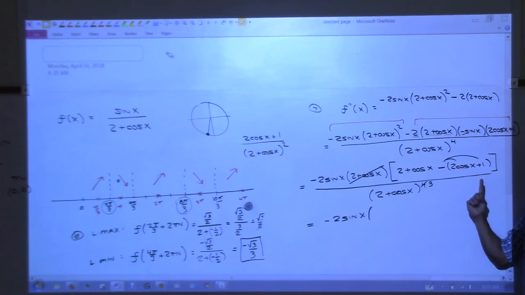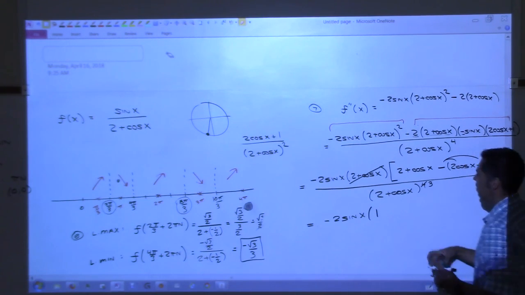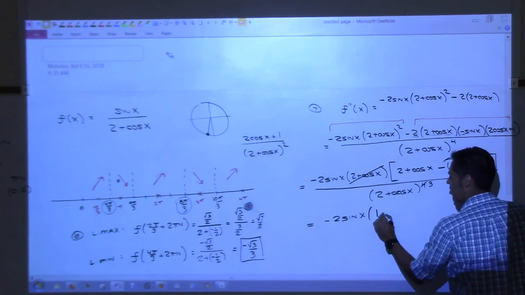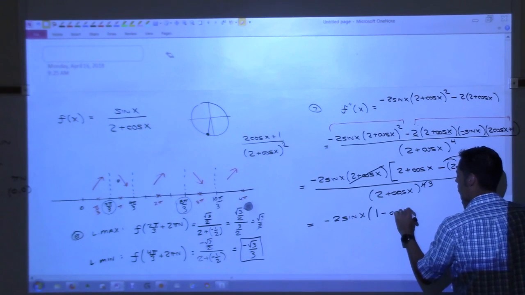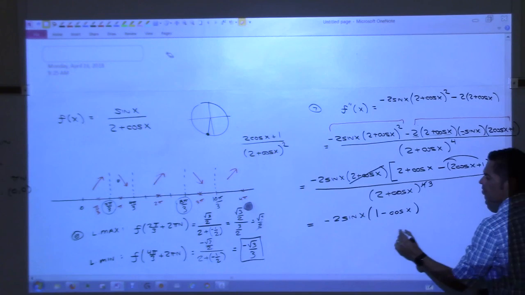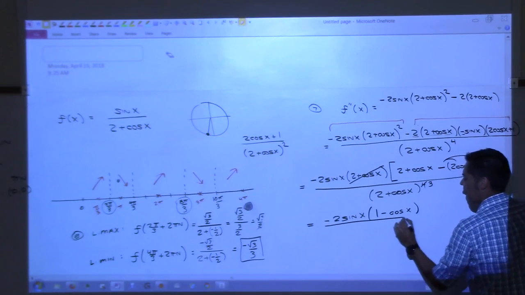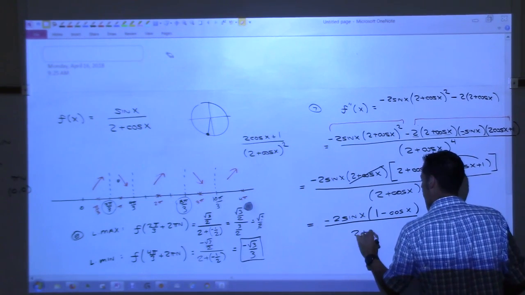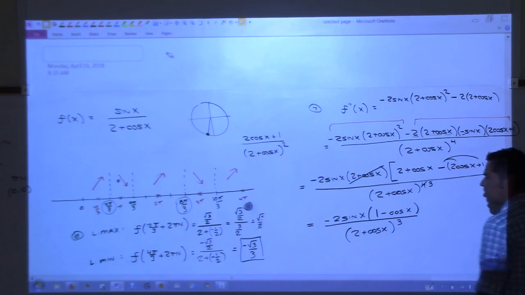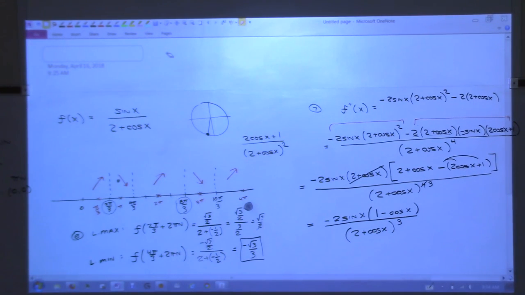So that's going to leave me with 1. Then I have a cosine x, and I'm going to take away 2 cosine x's, which is just minus cosine x. Have I accounted for everything up here? In here? Yep. All of that over 2 plus cosine x cubed. So it's not so bad now that it's all cleaned up, right?